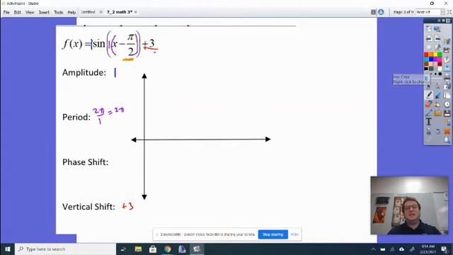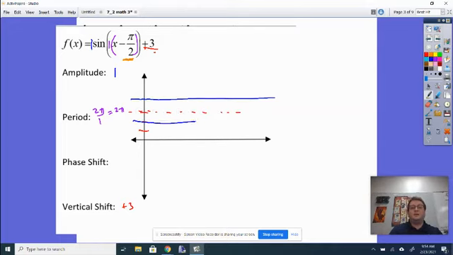So the best way to do these is to start off the same way. So 1, 2, 3. Okay, with an amplitude of 1. So up by 1, down by 1. Okay, now originally, my period would end at 2 pi.